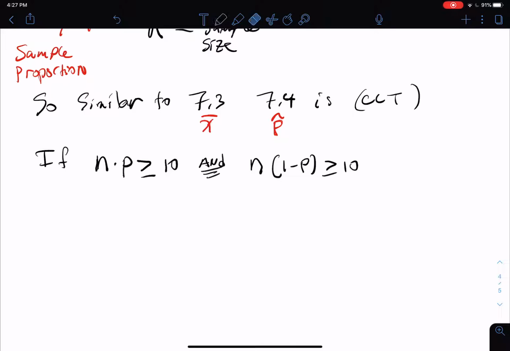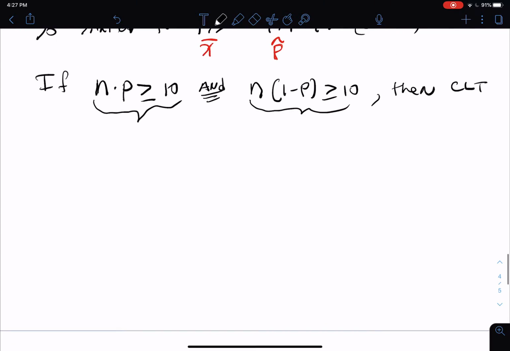If those two conditions hold, then we get to use the central limit theorem for sampling proportions, which gives us all these great formulas to help us out.